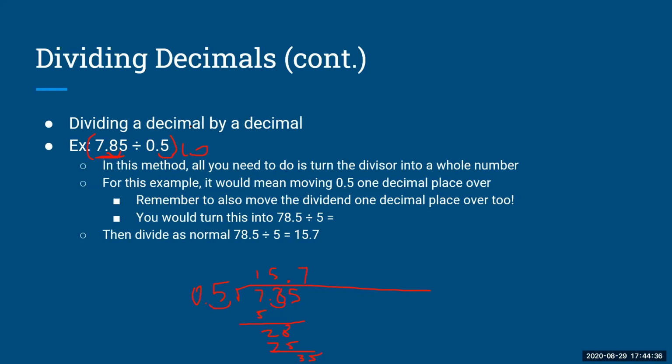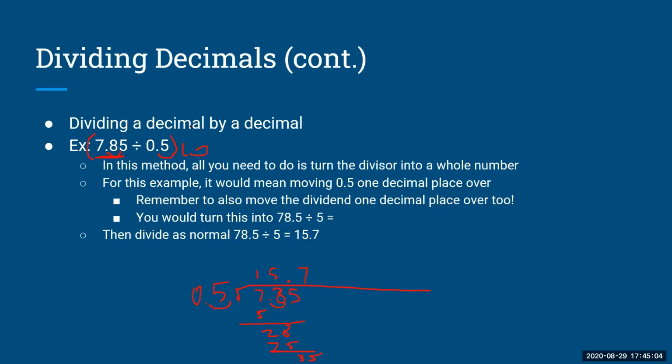Why can't you do 785 divided by 50? Oh, you can do that.